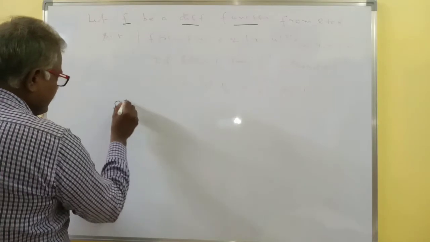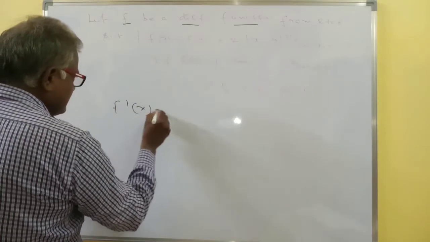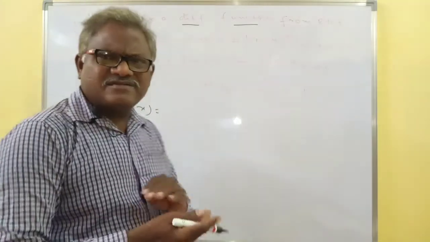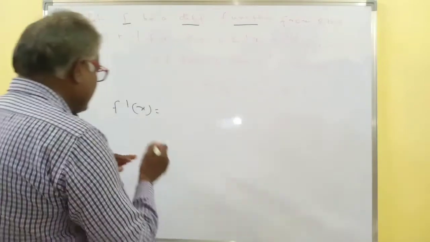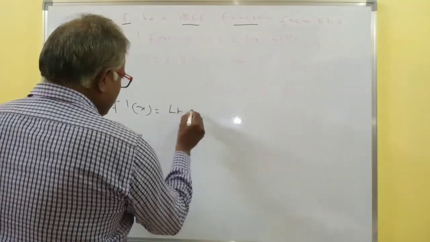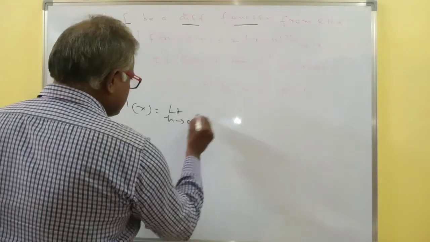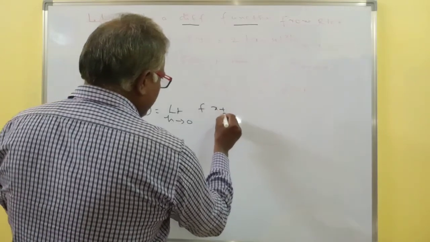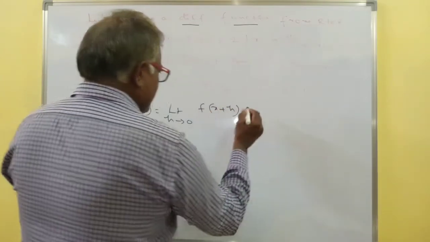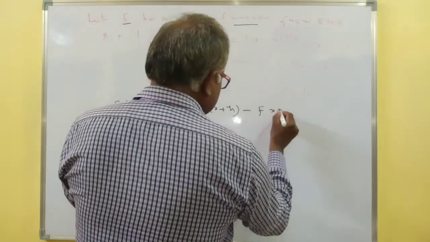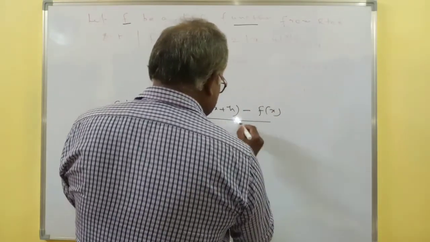What is differentiation, f dash x? What is the definition for this one? By first principle, f dash x is nothing but limit h tends to 0 of f of x plus h minus f of x divided by h.